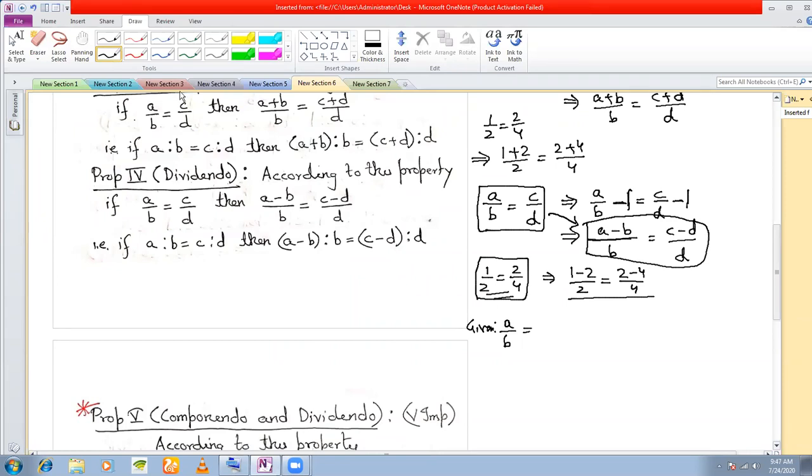Now, so this is what dividendo is, but we normally use the combination of componendo and dividendo, which is called componendo and dividendo.